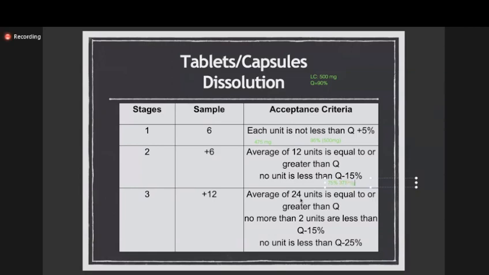In stage 3, you have three requirements. No more than 2 units are less than Q minus 15 and no unit is less than Q minus 25. Take note, these are all conditional, so they must be together. All 3 acceptance criteria must be satisfied for you to say it passes. Check, check, check.